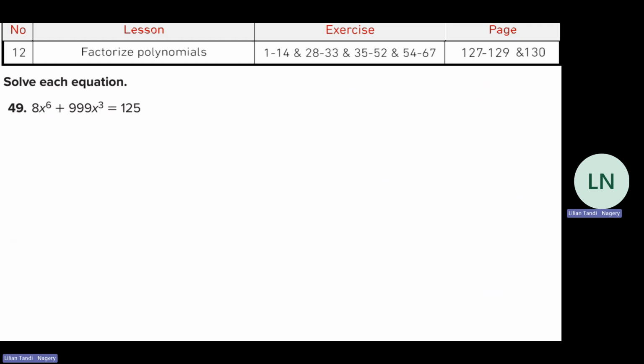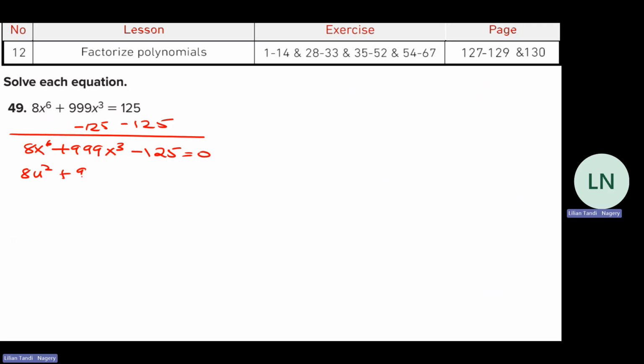Same thing here. First subtract 125 on both sides. So you're going to have 8x to the 6 plus 999 x cubed minus 125 equals 0. Then you're going to make this 8u squared plus 999u minus 125.